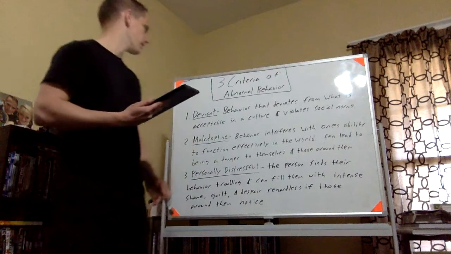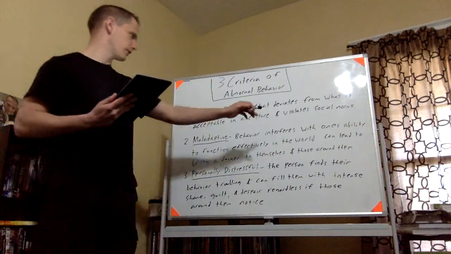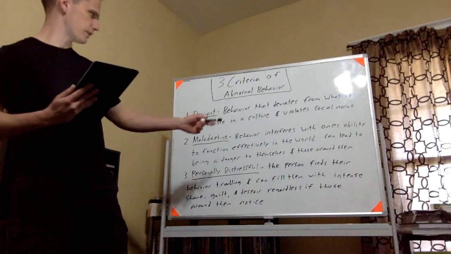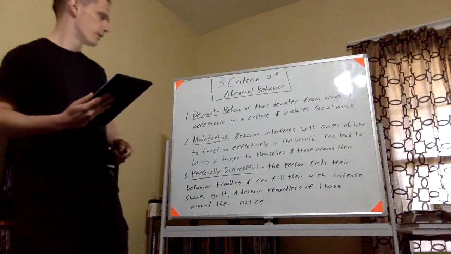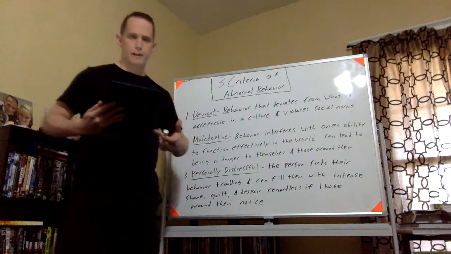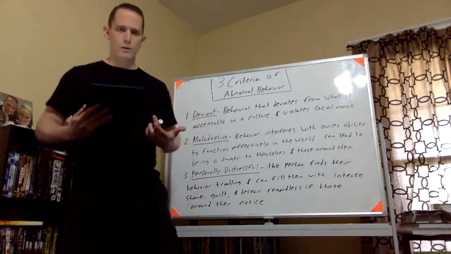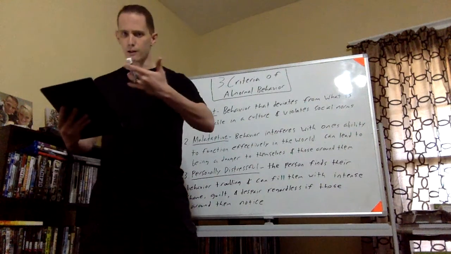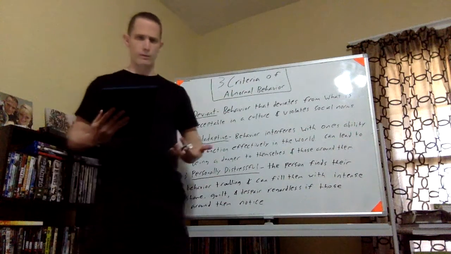Number 2, must be something called maladaptive. Behavior that interferes with one's ability to function effectively in the world and can lead to being a danger to themselves or those around them. So, maladaptive, meaning that what I'm doing is preventing me from being able to go to my job, to do what I'm supposed to do, to take care of my family, whatever it may be.